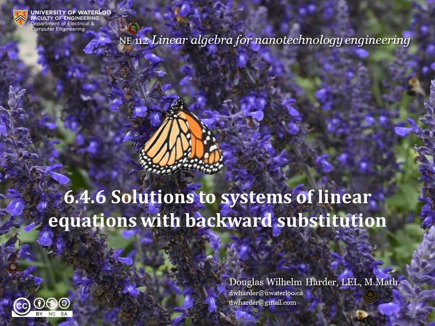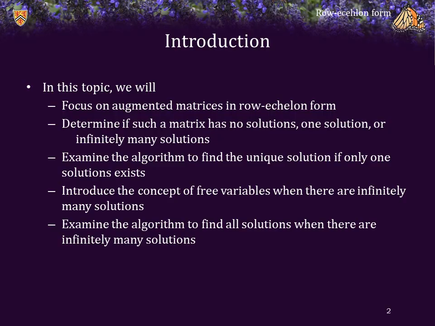In this topic, we're going to be discussing solutions to systems of linear equations with backward substitution. We will focus on augmented matrices that are in row echelon form. We will determine if the system of linear equations associated with such a matrix has no solutions, one unique solution, or infinitely many solutions.